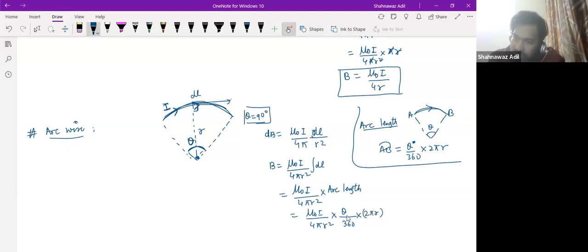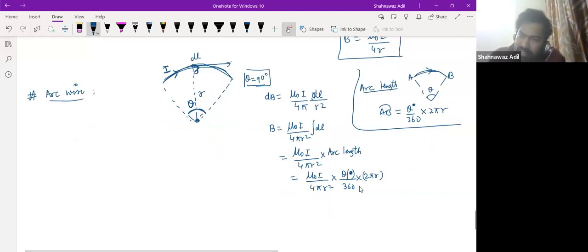Remember, this is in degrees. Then we can cancel pi, and this is 2, and this r and this r we can cancel. So this would be μ0 I by r, and theta by 720.